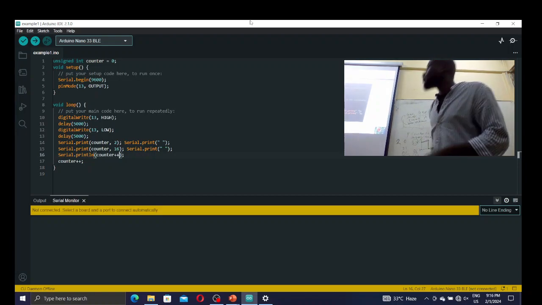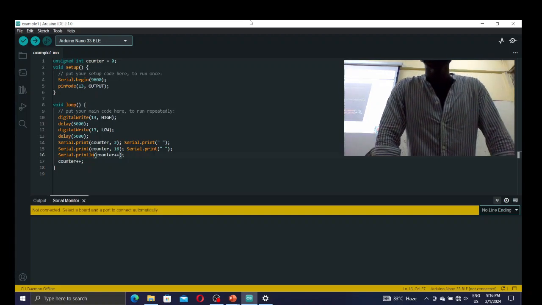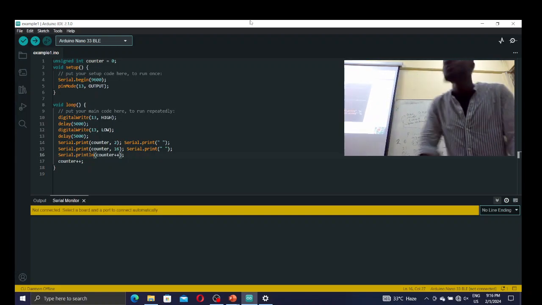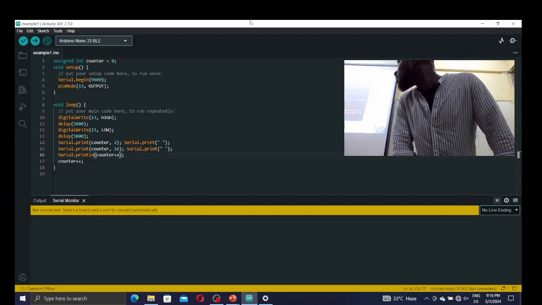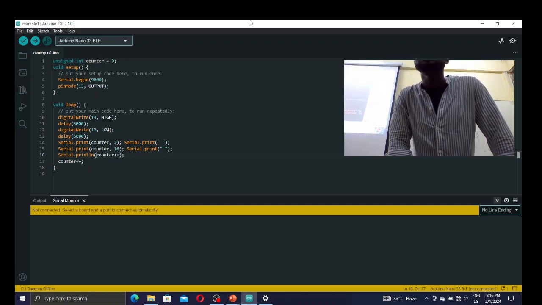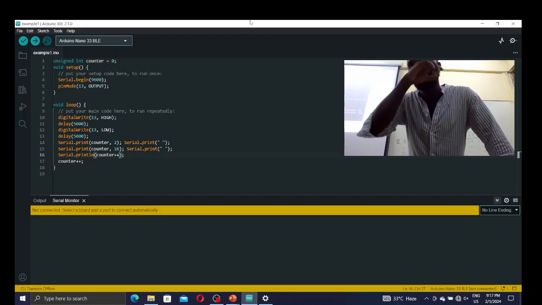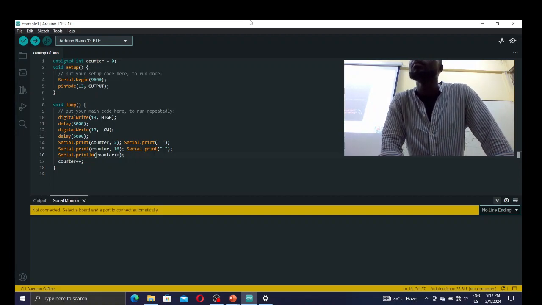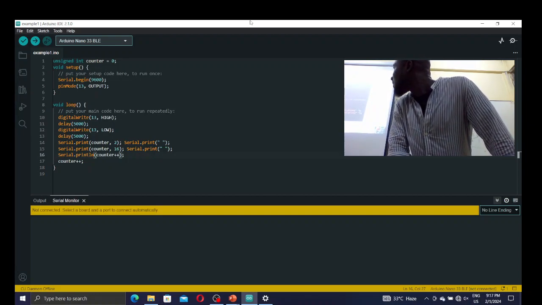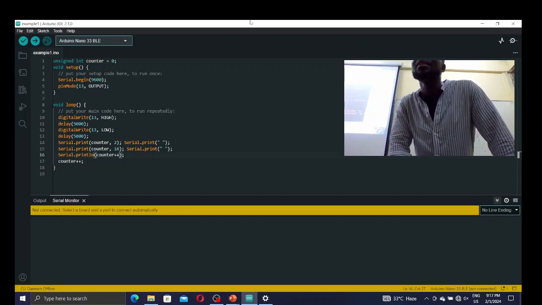If the loop keeps running, the counter will increase its value, and in the serial print, it prints the counter value. The counter is at 0 right now, and the loop will keep running.